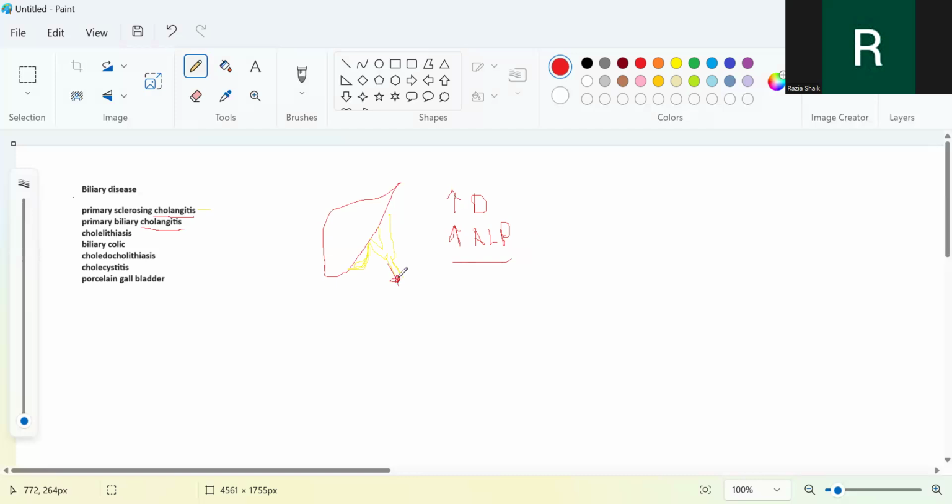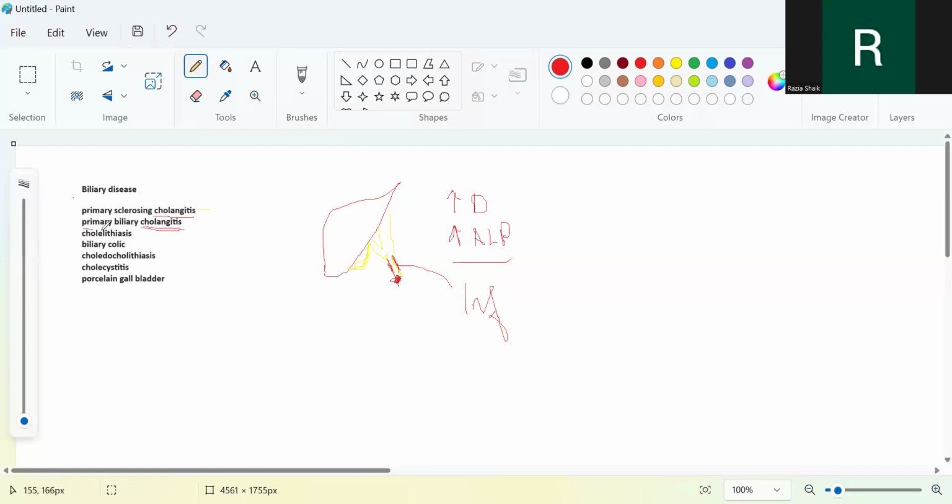Now, whenever there is obstruction due to stones or due to infection, there is a stasis happening on the proximal side. Whenever there is stasis, this acts as a nidus for infection. Okay, so this infection is what we call cholangitis.